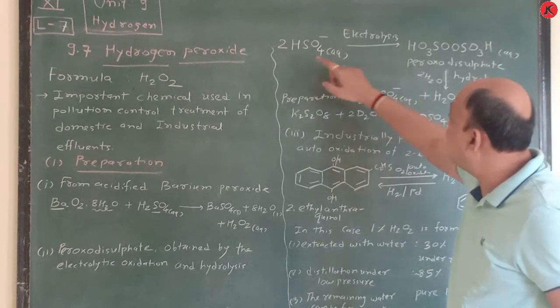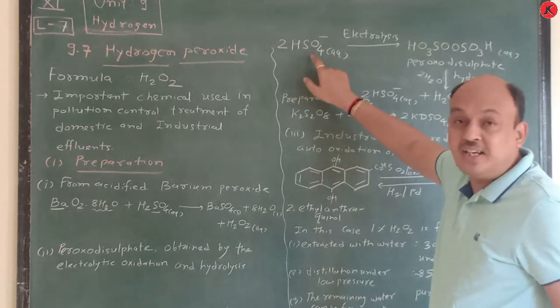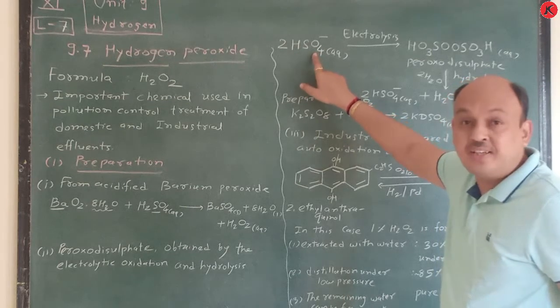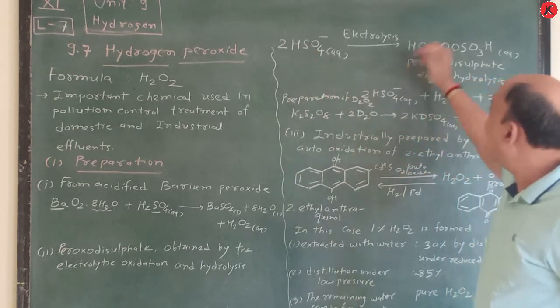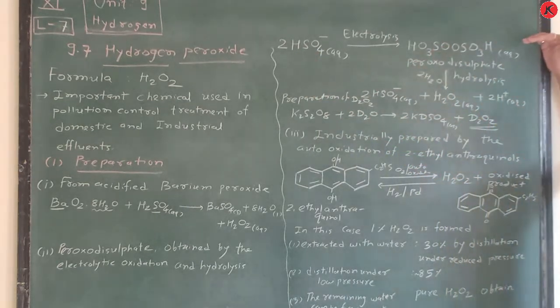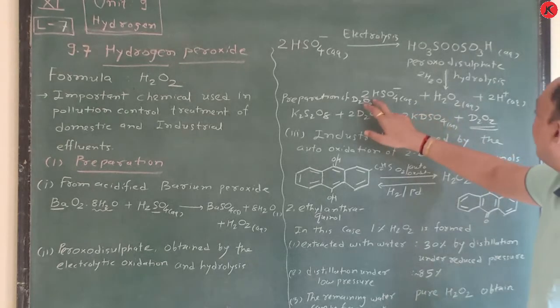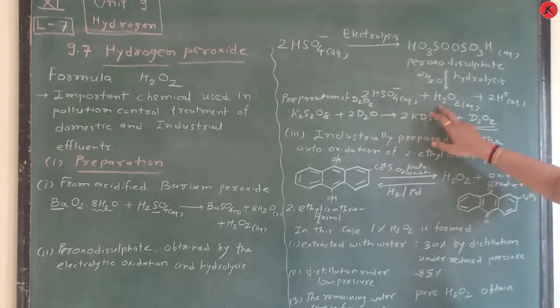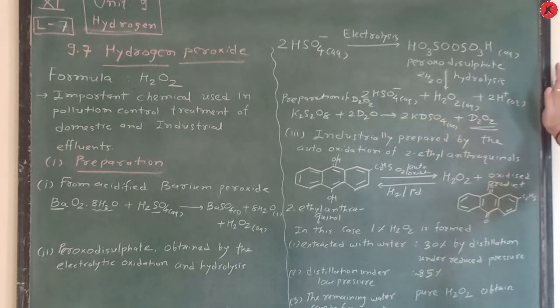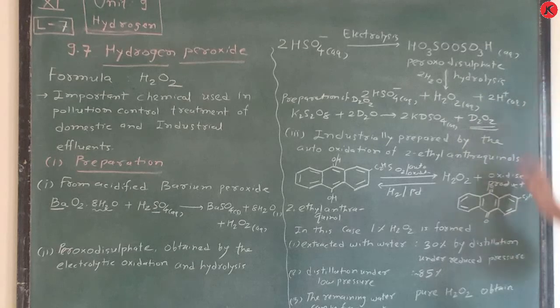Remember, this is known as hydrogen sulfate ion. Just you see, hydrogen sulfate. This is very important. It undergoes electrolysis and gives peroxydisulfate. When it undergoes hydrolysis, we get 2HSO4 minus plus H2O2, and 2H plus is released, and 2 electrons are also there.